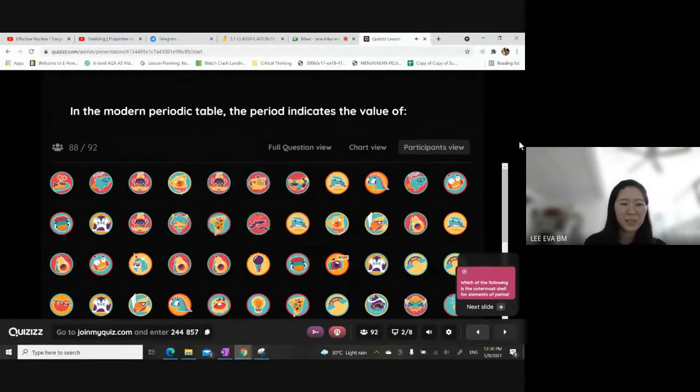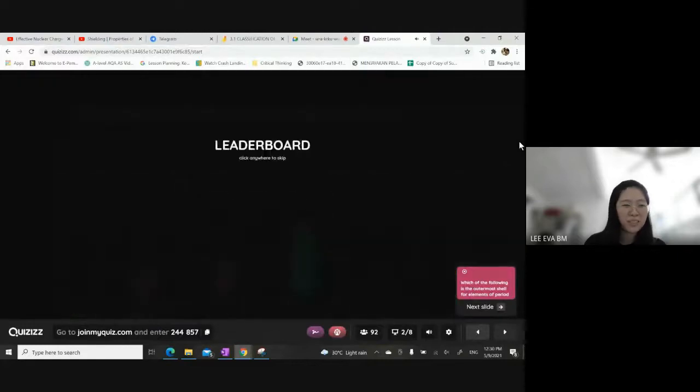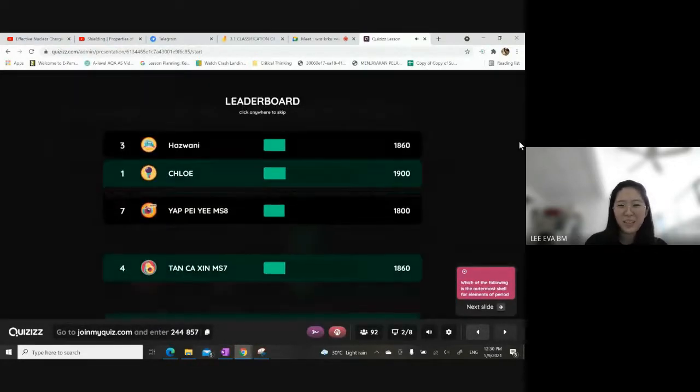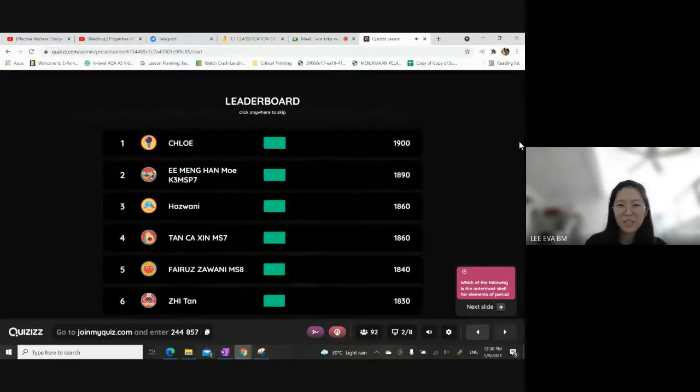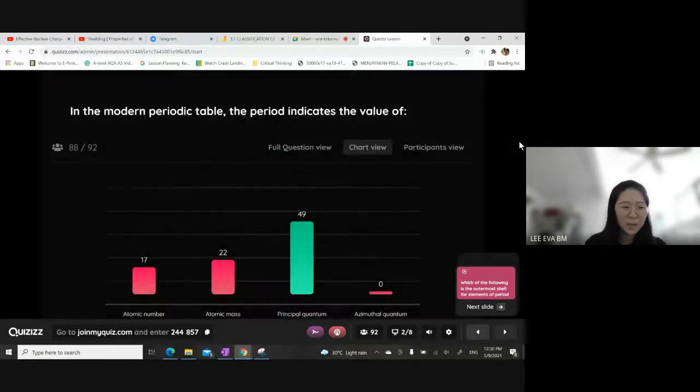All right, so for question number 2, it's also quite easy. Well done, Chloe, Alwin, Hazwani. In the modern periodic table, the period indicates the value of the principal quantum number, which is your value of n. Many of you chose atomic number and atomic mass.